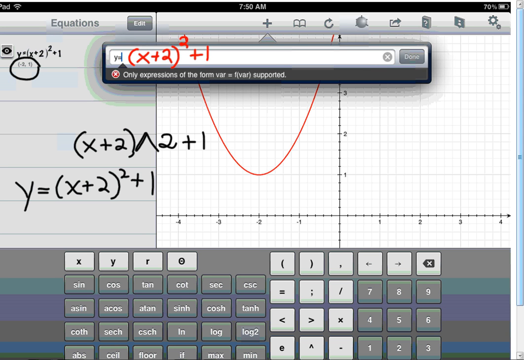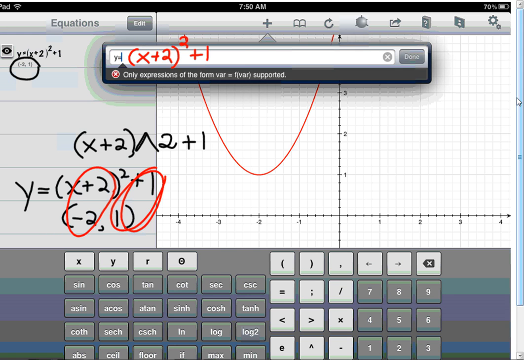There's a relationship there. Pay attention to this. How is this negative 2 related to that positive 2? What's true about these two numbers? They're opposite. They're the same but opposites.